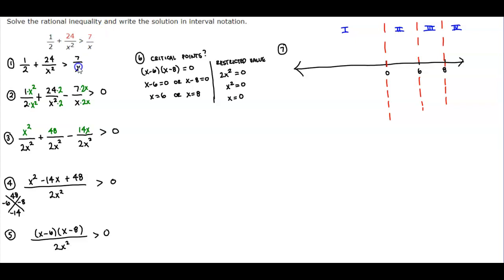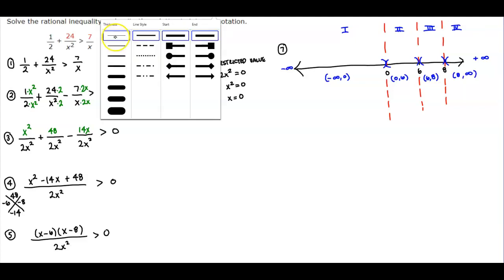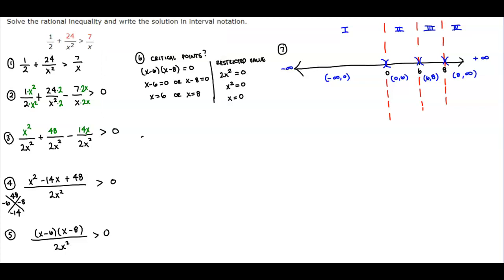If you notice here, the inequality is a greater than, so we're going to be using parentheses in all of our intervals. For region number 1, we go from negative infinity to 0. For region 2, we go from 0 to 6. For region number 3, we go from 6 to 8. And for region 4, we go from 8 to positive infinity.